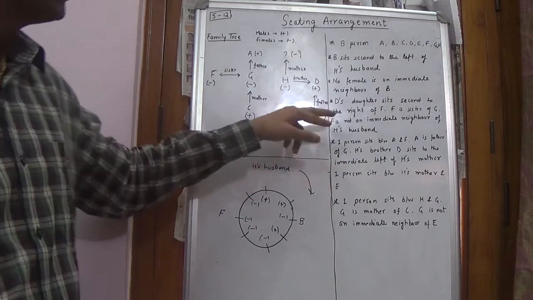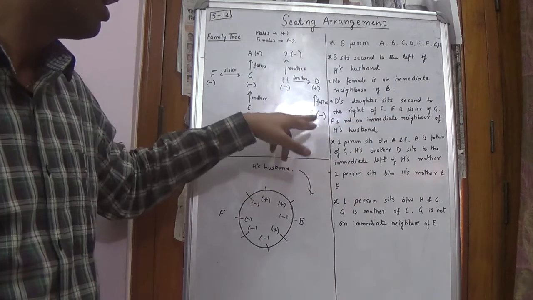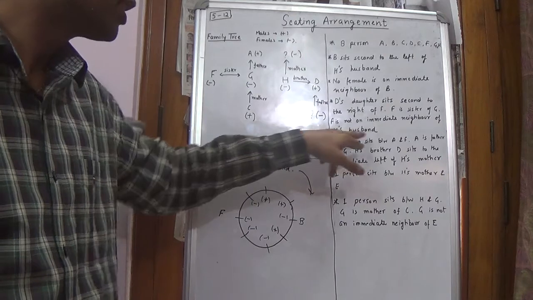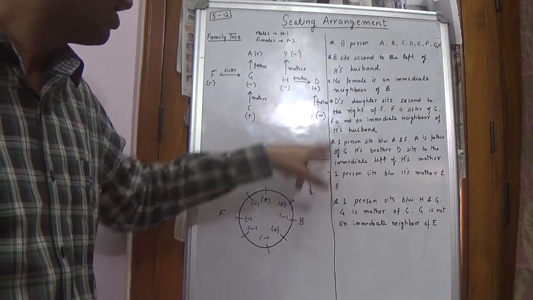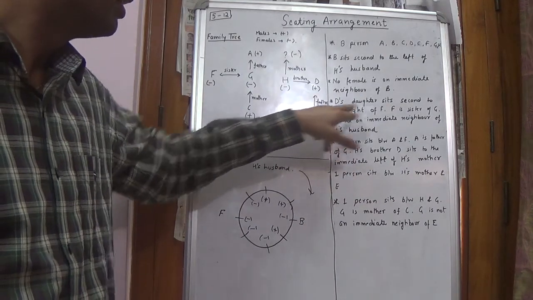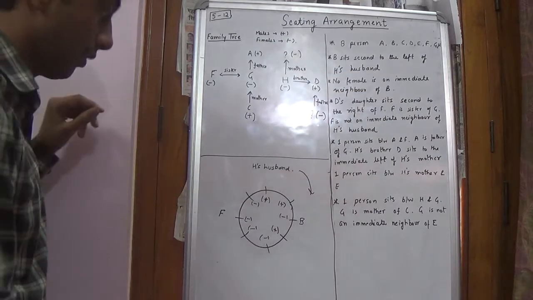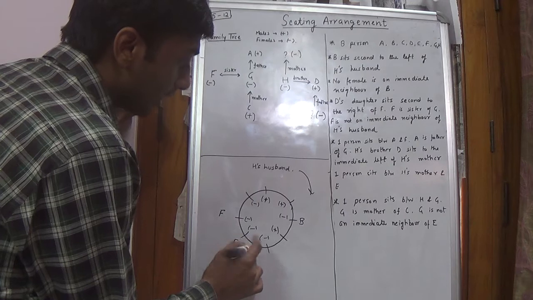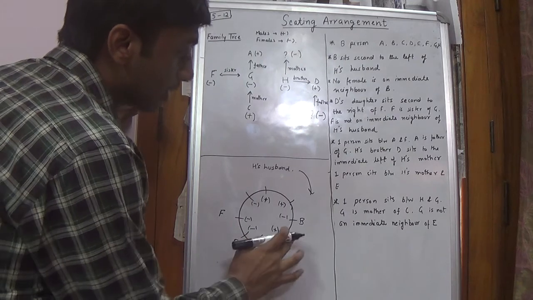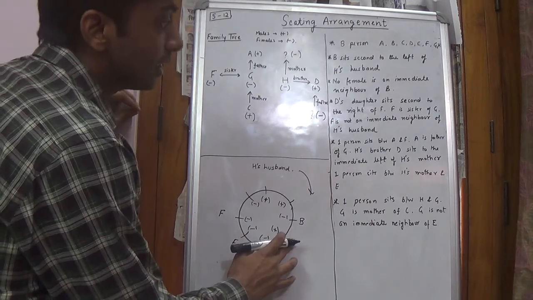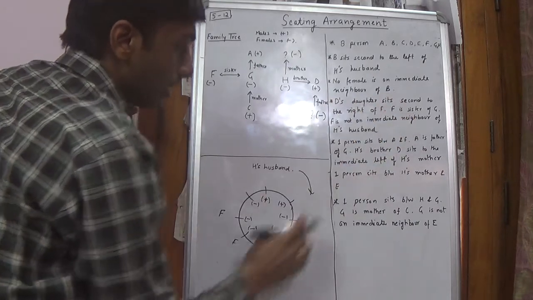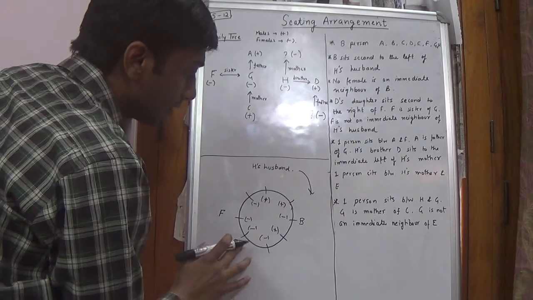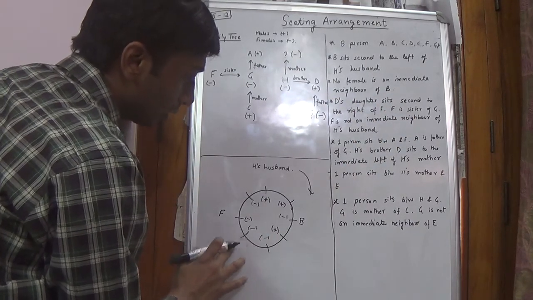So the first statement says F is not an immediate neighbor of H's husband, and D's daughter sits second to the right of F. So if we assume F is here, then second to the right comes here, a male, but the sentence says D's daughter, so it has to be a female. So we rule out this F.